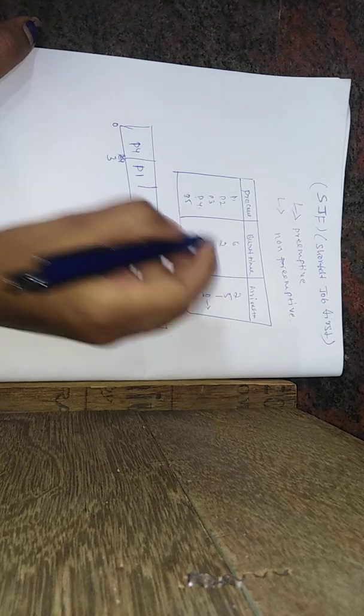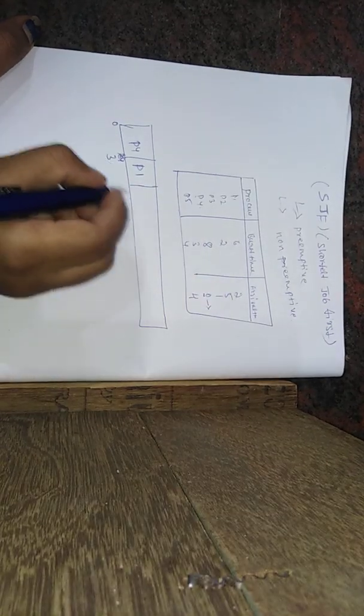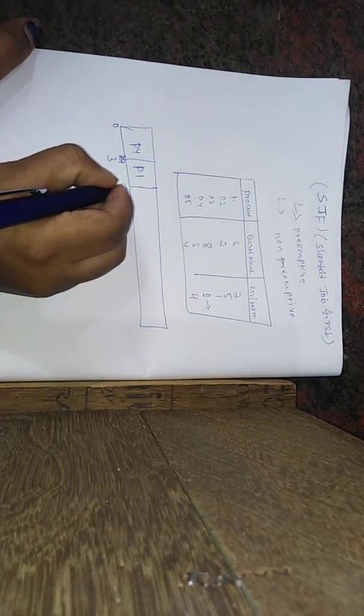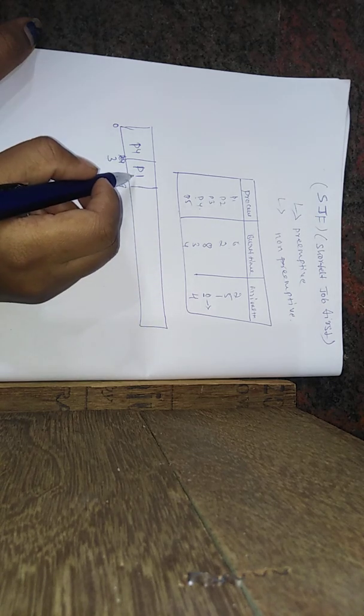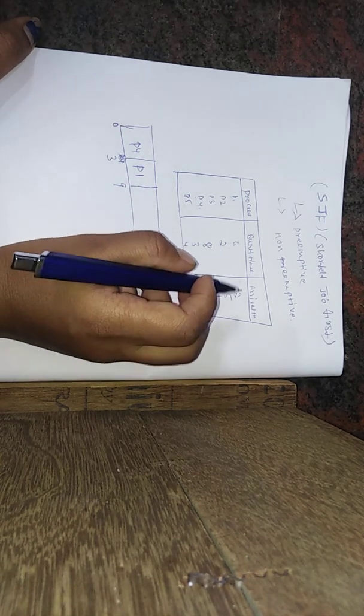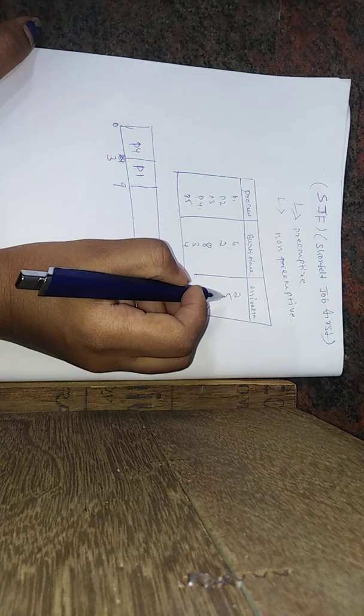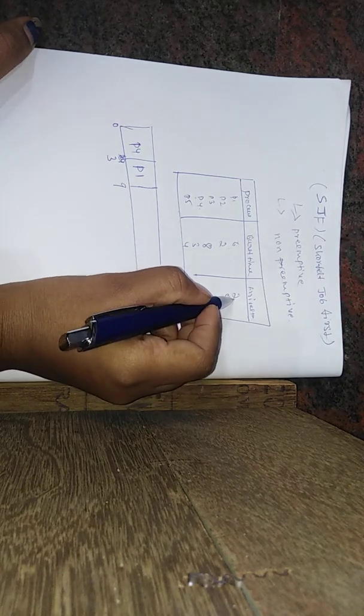and the burst value is 6. 6 plus 3 is 9. Then P1 is complete, so we can go for the P2.